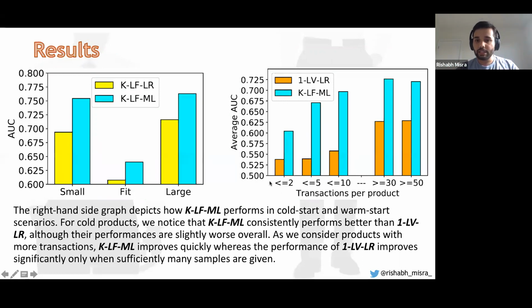Although the overall performance is 0.6, which is not very good for AUC, in comparison with the baseline method we are performing quite well, which could be attributed to the fact that we are learning more and better features. And as we get more data, we can see the baseline method improves significantly.